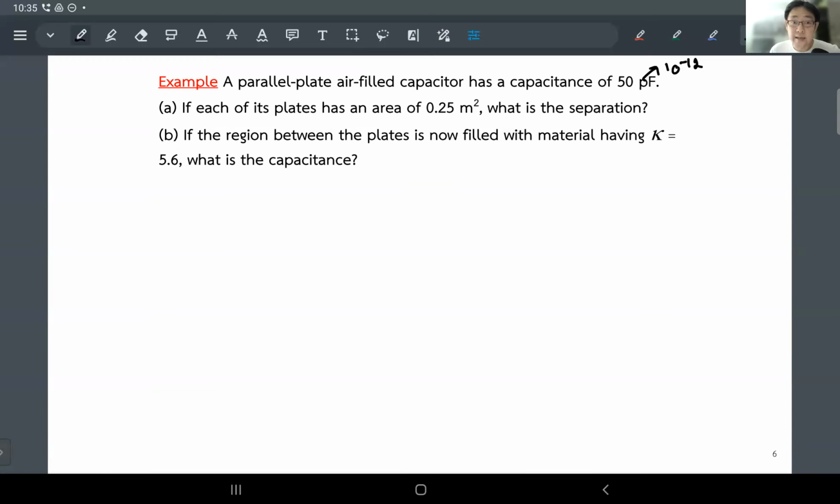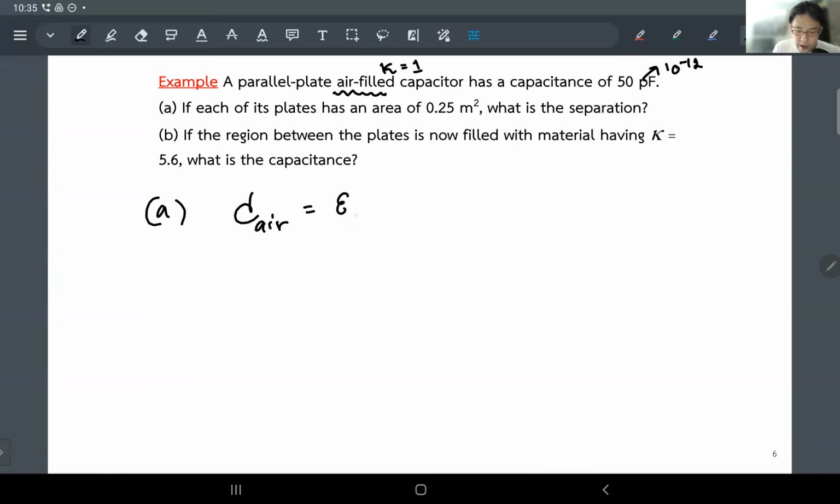What is the separation? It's air-filled, so we assume it's just a blank space, so don't need to worry about anything. You can assume that the kappa of this one is just 1.